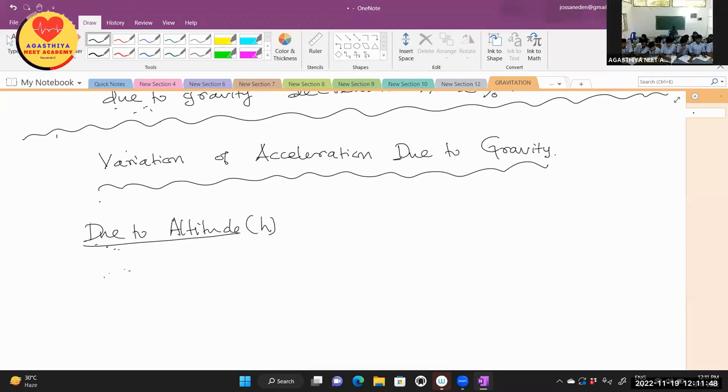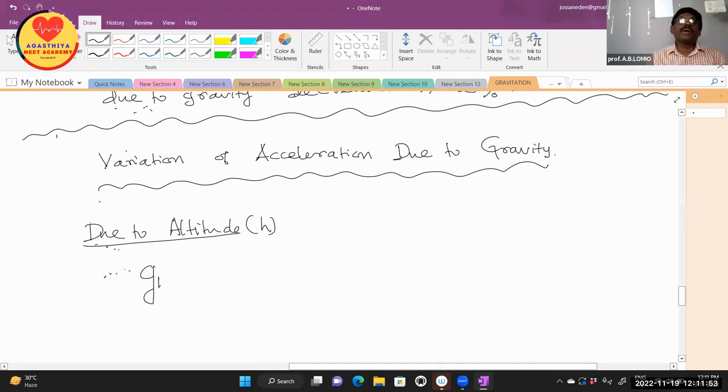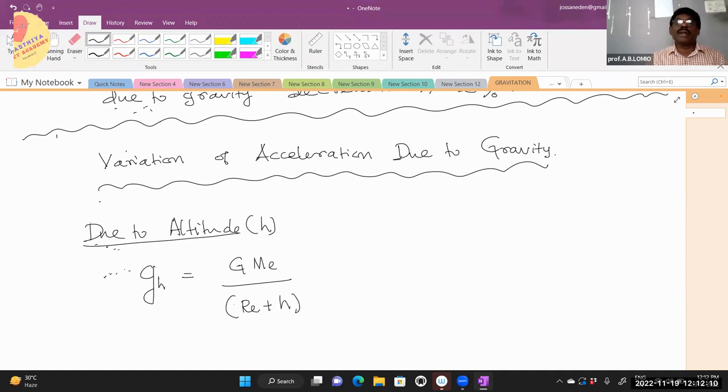The governing formula: the acceleration due to gravity at a particular altitude, that is g_h, can be expressed in terms of GM_E divided by distance squared, meaning (R_E + h) whole square. This is one form.